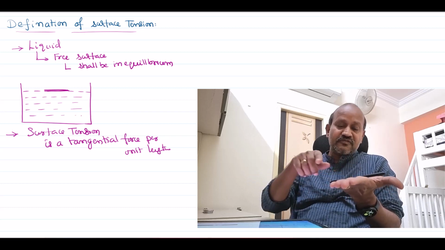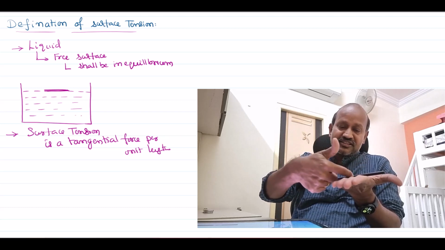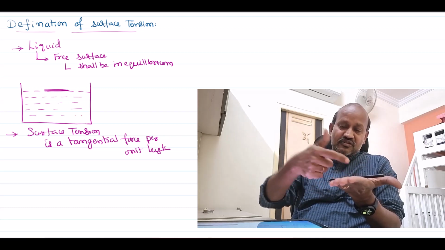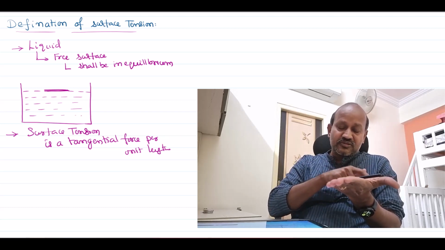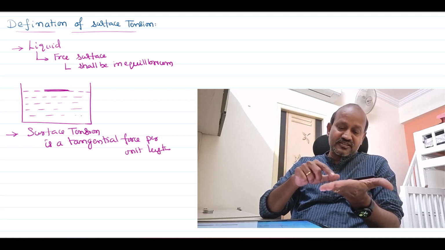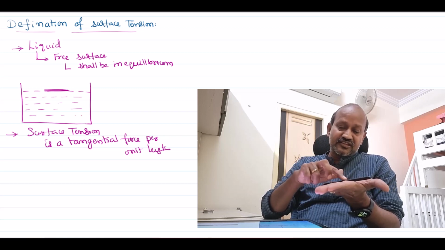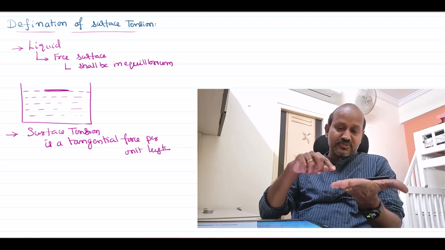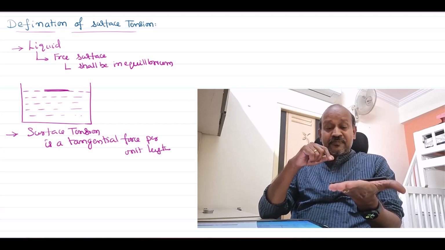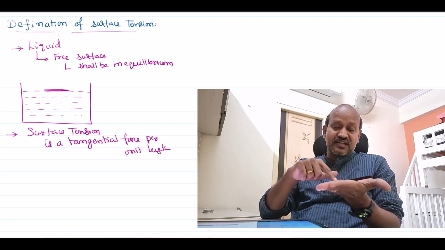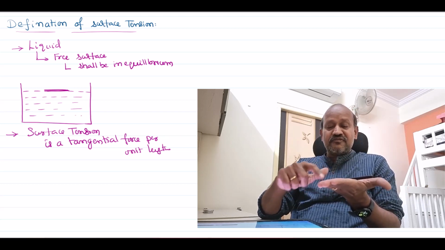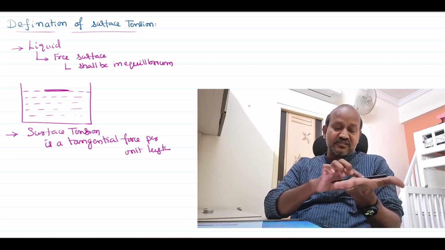If you imagine a line like my pen, and my palm is the free surface of the liquid, then the tangential force will be like this, tangential to the surface, on the surface, right? Not only tangential to the free surface, it acts on either side of this imaginary line. So this black pen that I am keeping on my palm, imagine it as a line. On that imaginary line, there is a tangential force on the surface of the liquid, right?